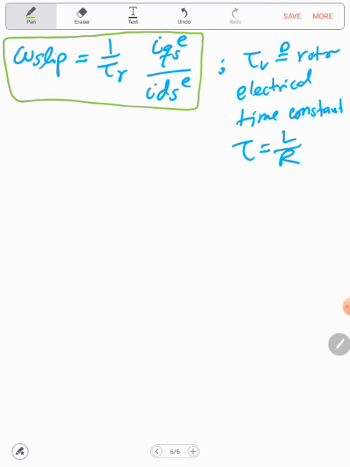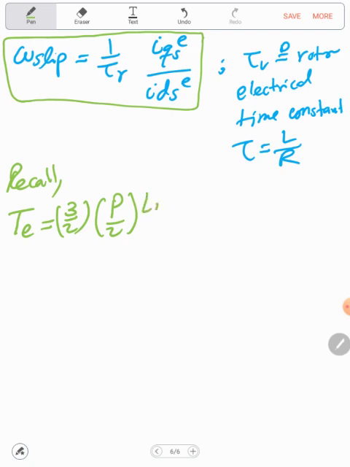Let's see what will happen in the torque. Now recall that the electromechanical torque Te for the induction machine in the QD reference frame can be written as 3 over 2 due to the transformation, P over 2, LM over LR, IQSE lambda DRE minus IDSE lambda QRE.